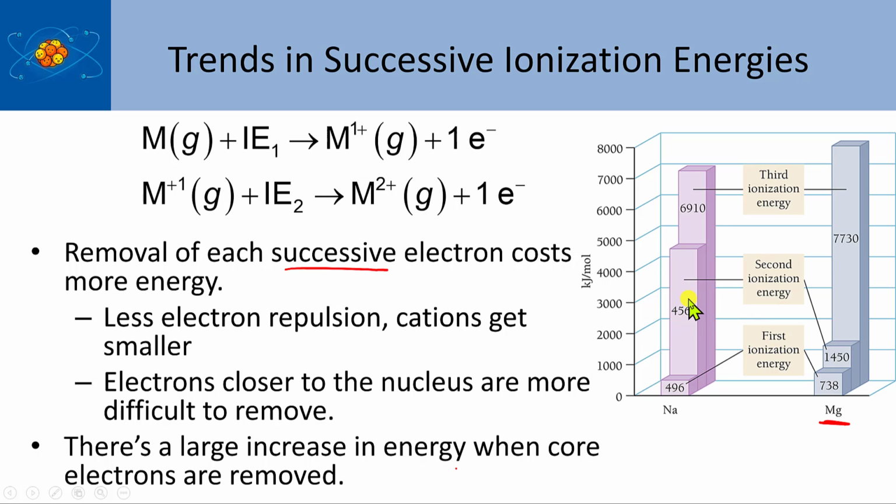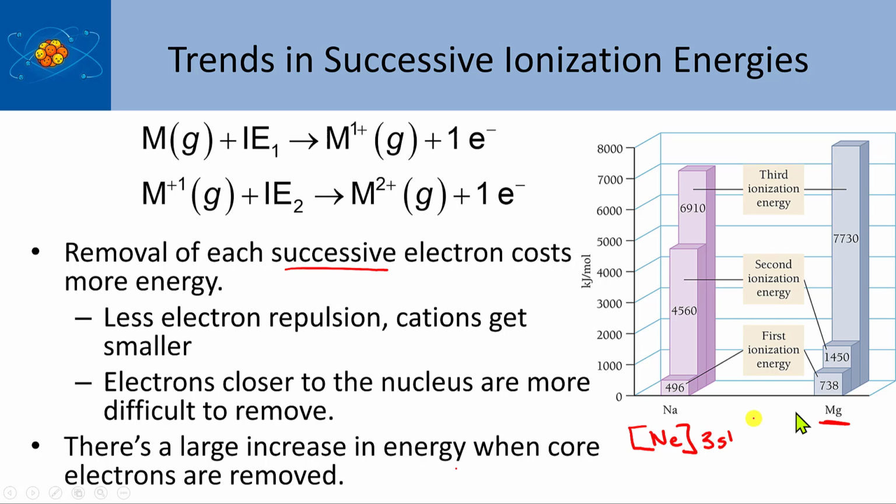The simple answer is the first ionization energy is what you expect. The second ionization is what you expect because you're removing electrons from the core of sodium rather than from the valence shell. So if we write the electron configuration for sodium in core notation, we have neon, and then we have 3s1, a third period element.